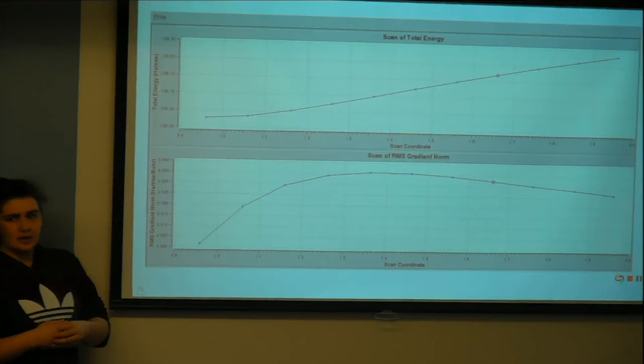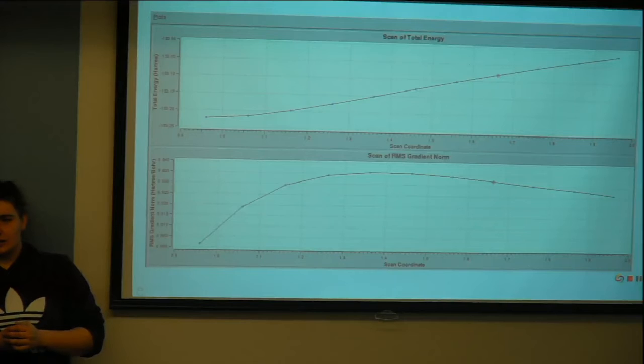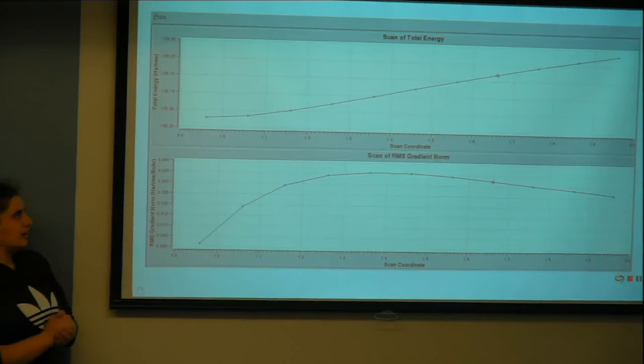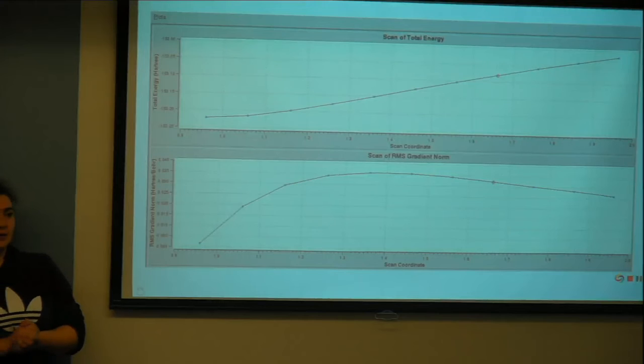So if you remove your hydrogen to a very far distance, this root mean squared gradient norm will become 0, right? Yeah, and that's the output we get.